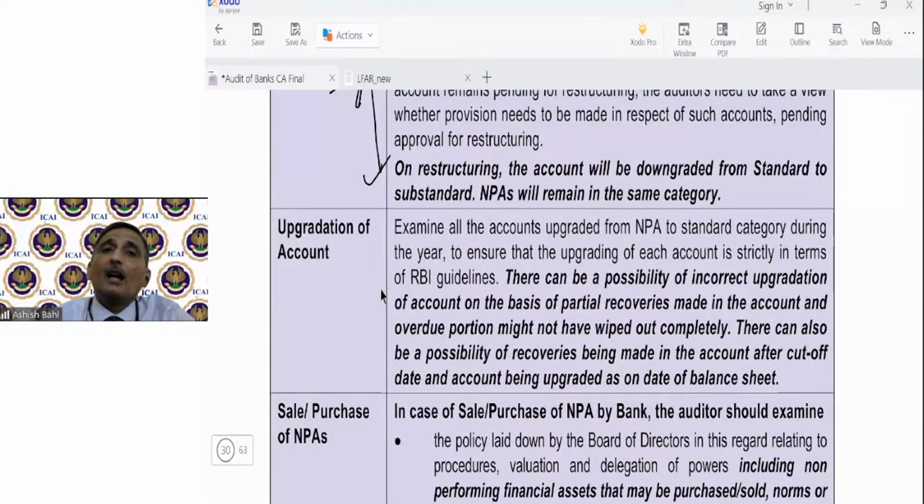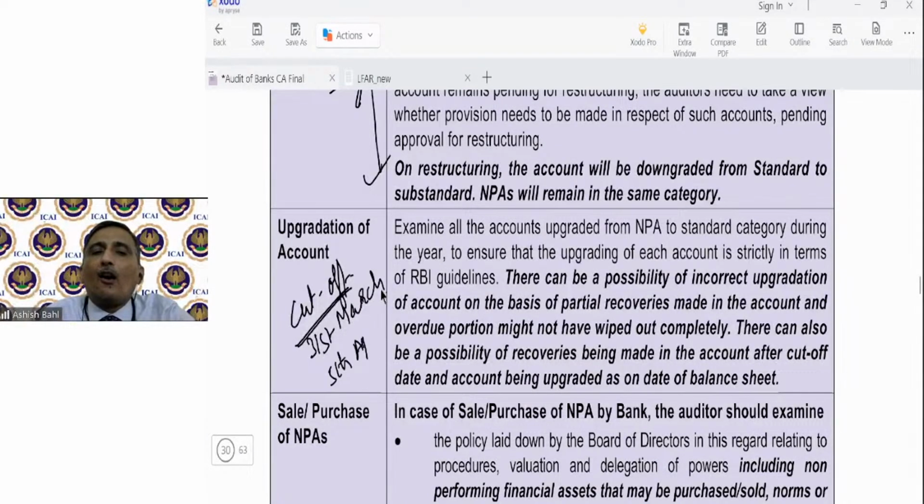Okay. And another thing the auditor has to take care of is cutoff. Say an account was classified as NPA, as substandard, as on 31st March, and recovery has come on 5th April. You are auditing the books on 10th April. Now what you have to see is the position of the account as on 31st March.